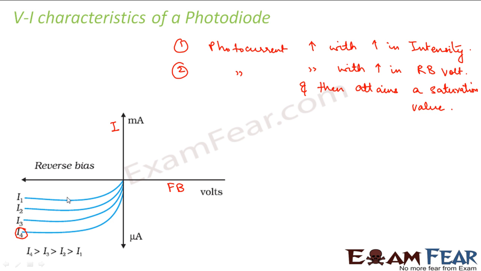So that means photocurrent increases with increase in intensity, that is one thing, and photocurrent also increases with increase in reverse bias voltage. Initially it increases and then it attains a saturation value. This constant value is known as the saturation value. So this is how we plot the VI characteristics of a photodiode.